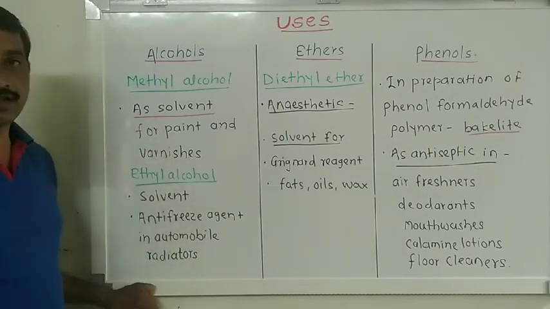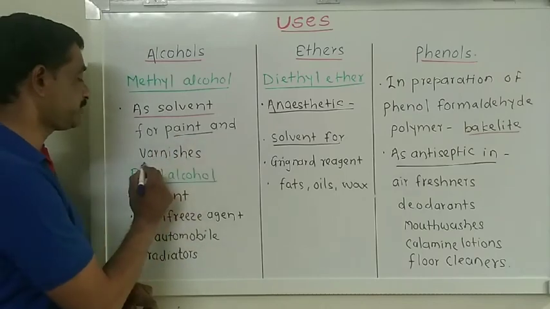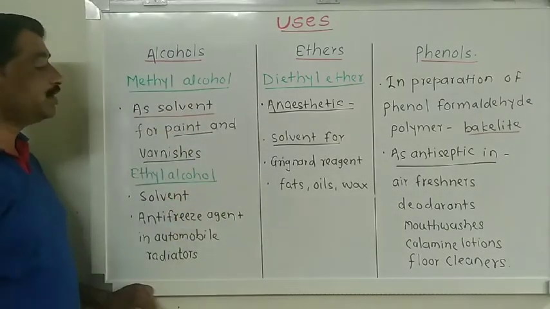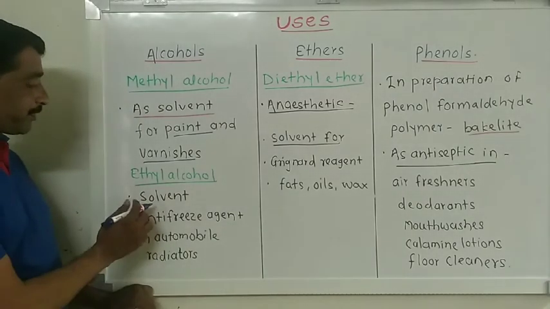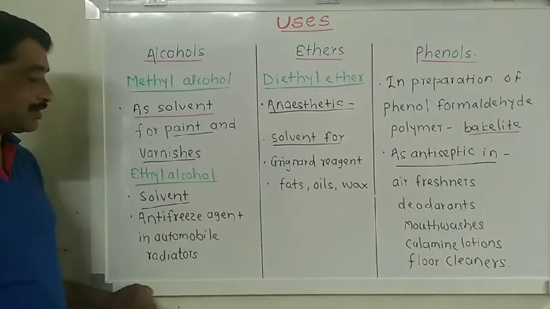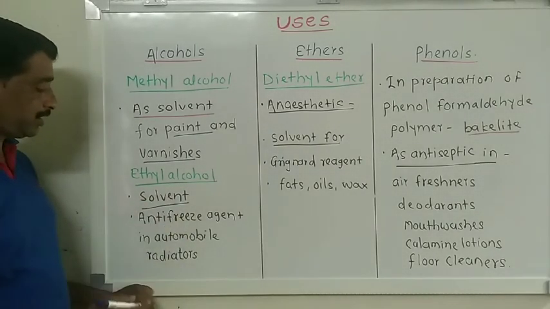Methyl alcohol is generally used as a solvent in paints and varnishes. Ethyl alcohol is also used as a solvent for different chemical substances as they are soluble in ethyl alcohol.